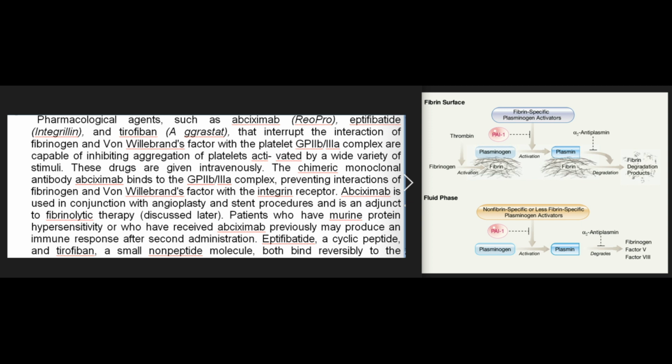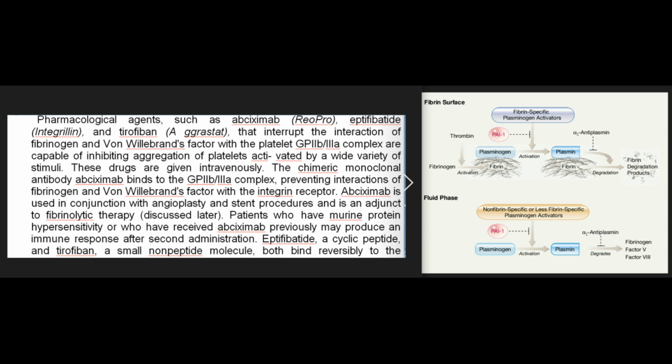The chimeric monoclonal antibody abciximab binds to the GPIIb/IIIa complex, preventing interactions of fibrinogen and von Willebrand's factor with the integrin receptor. Abciximab is used in conjunction with angioplasty and stent procedures and is an adjunct to fibrinolytic therapy, discussed later.